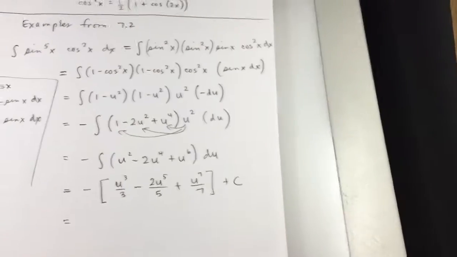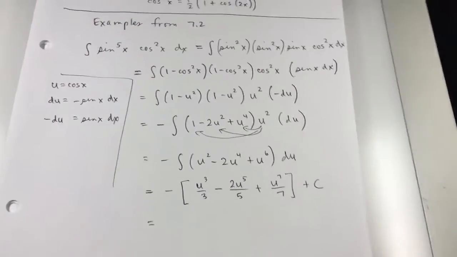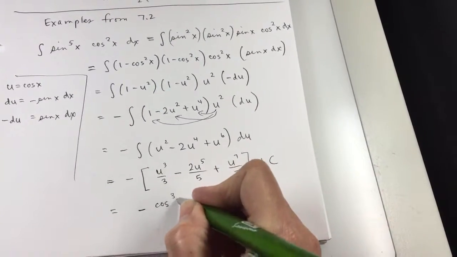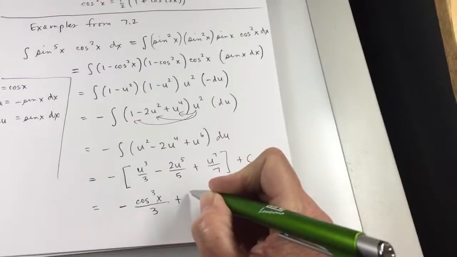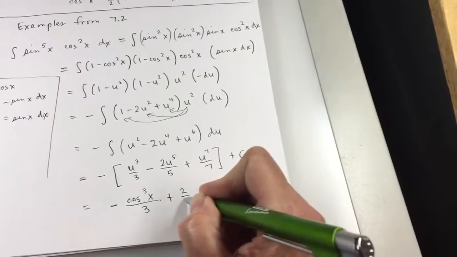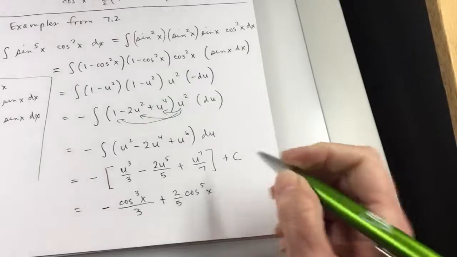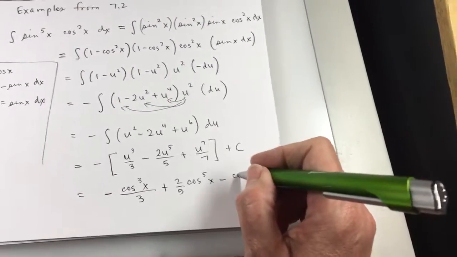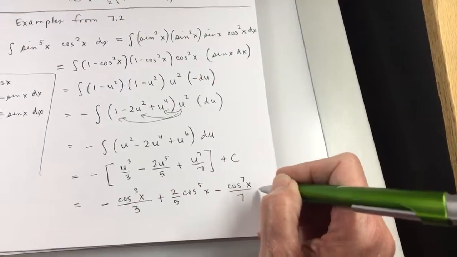I'll distribute the negative and put cosine x back in for u. So negative cosine cubed x over 3, plus 2/5 cosine to the 5th x, minus cosine to the 7th x over 7, and I'll just leave the c as plus c.